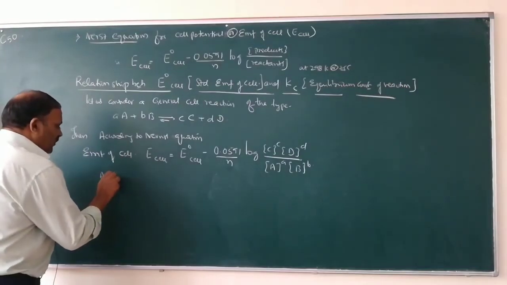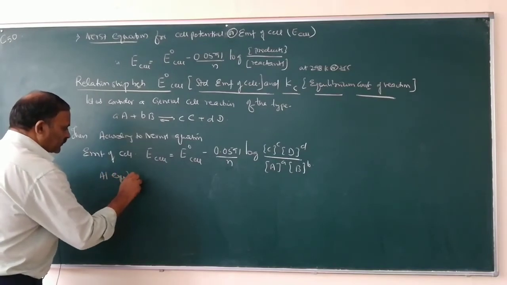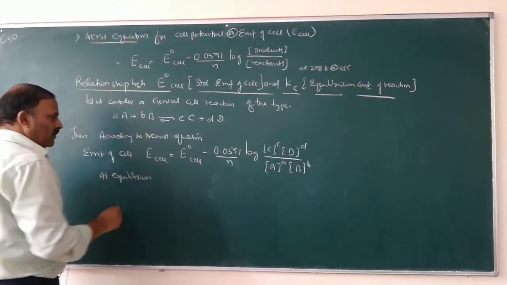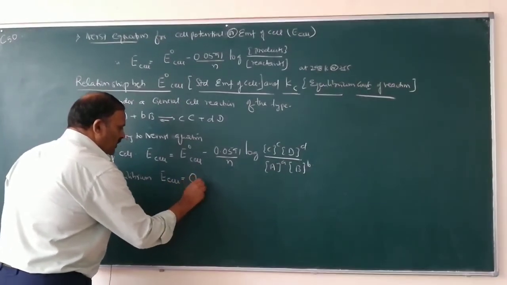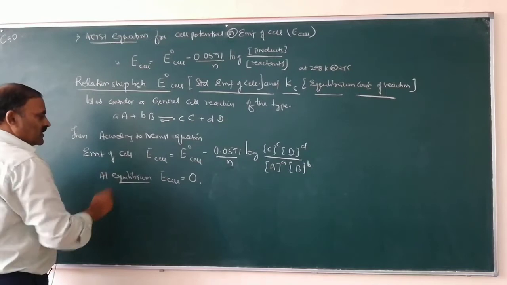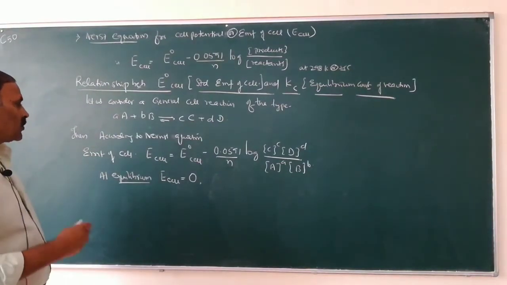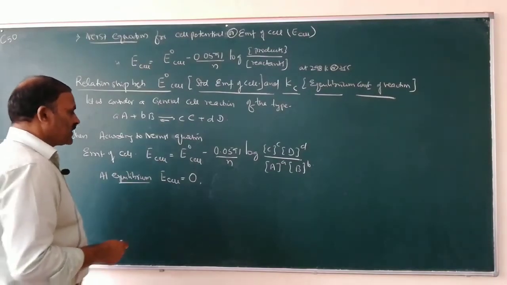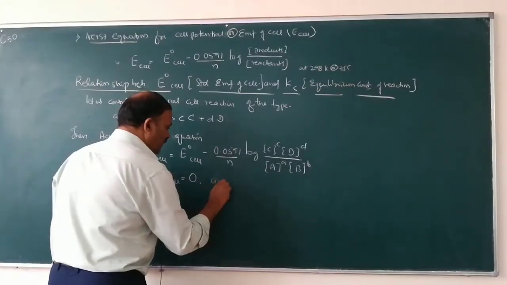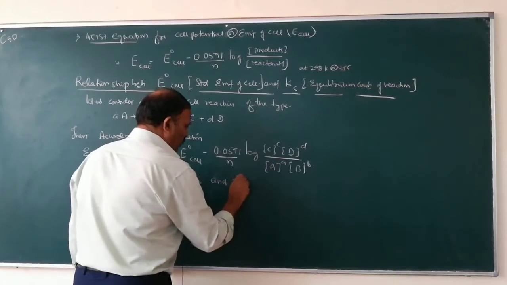So at equilibrium, E cell is equal to 0. EMF of cell is 0. That means there is no flow of current on either side of the electrode.